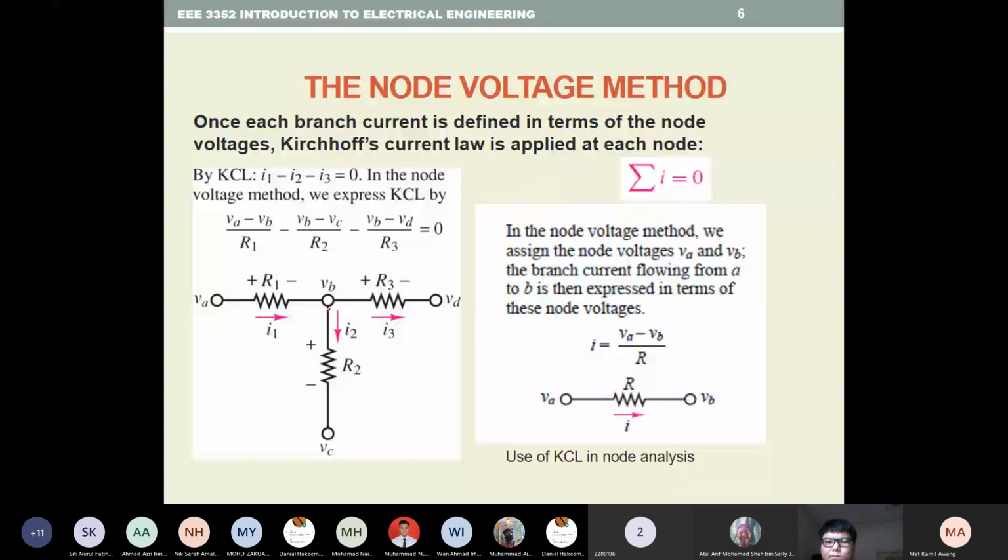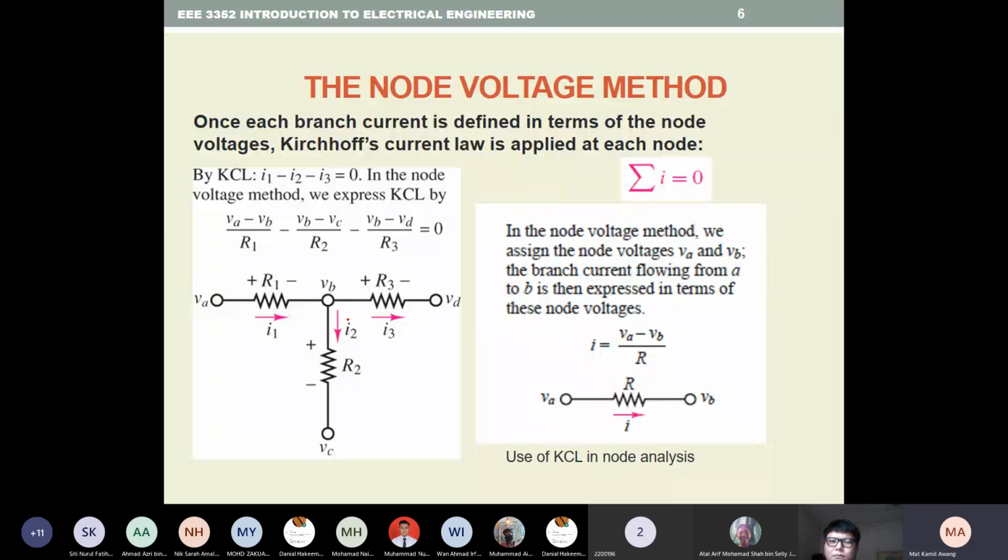Yes. So from this diagram, the current is flowing from the plus terminal to the negative terminal. So if you indicate R1 is plus minus here, R2 is plus minus here, and R3 plus minus there, therefore the current I1, which is the current flowing through R1, is entering the node.